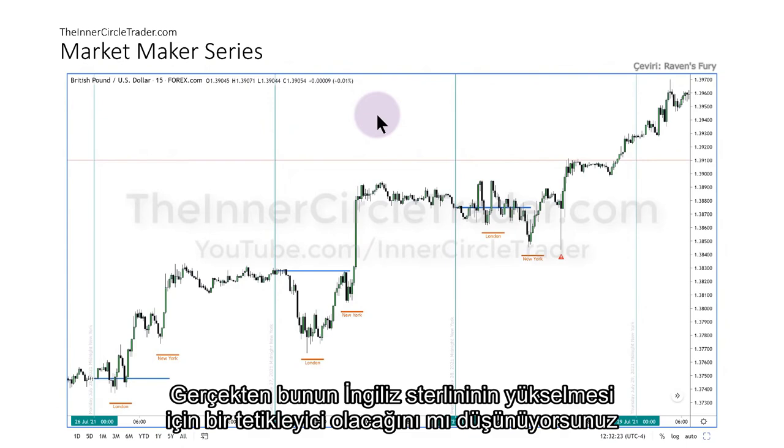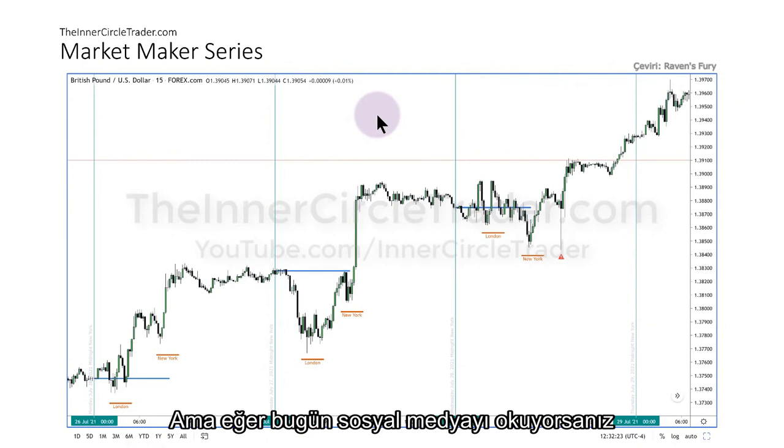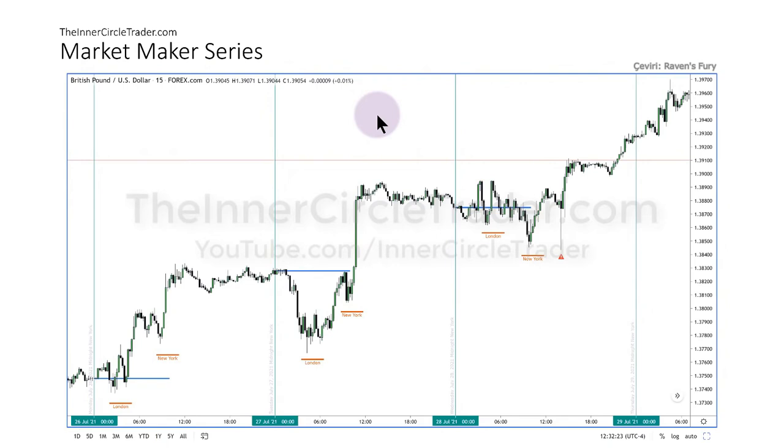You really think that's going to be the catalyst for the British pound to go up and keep on going up no matter what? No way. But if you read social media today, that's what they want you to believe, that stocks are going to go to the moon because a handful of people on Reddit are buying it.